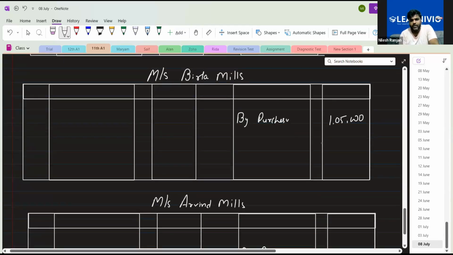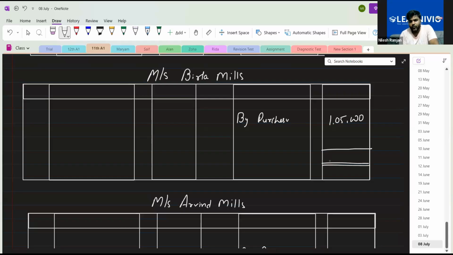Now in Birla Mills, 1,05,000, 1,05,000 to balance CD, 1,05,000.